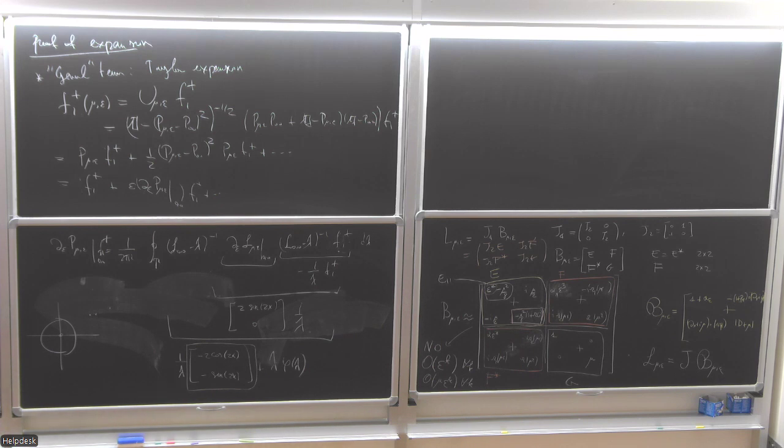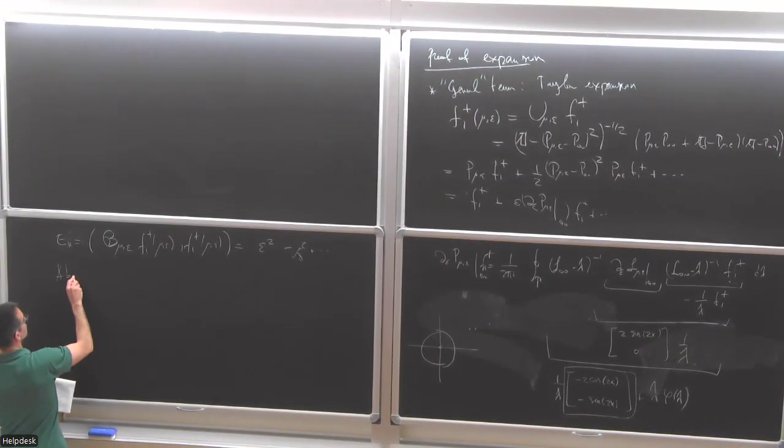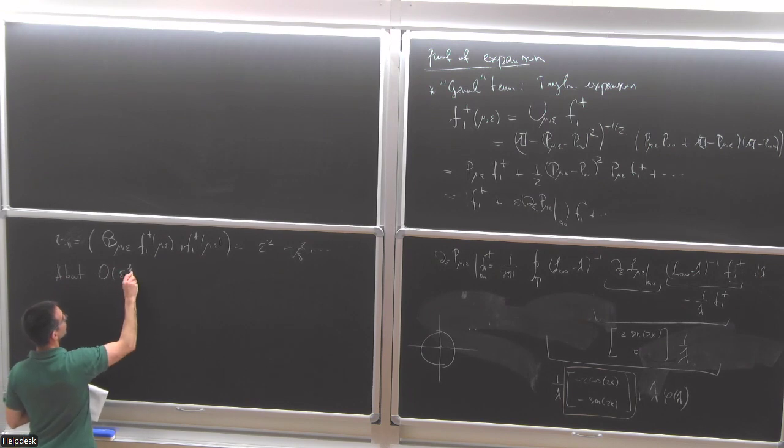If we do not control that there are no terms of this type, we would not be able to work out that J_2 has two eigenvalues with positive real part. Okay, so let me start with this one, about the O(epsilon to the k) terms.